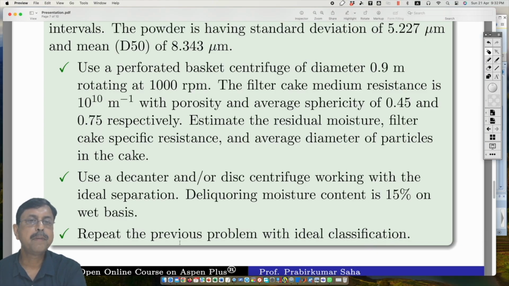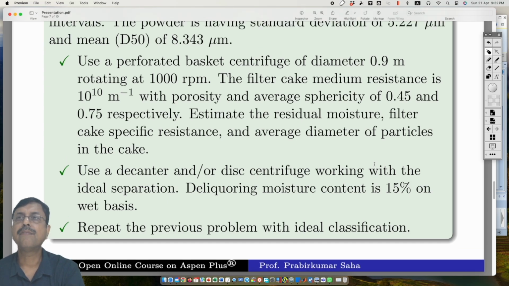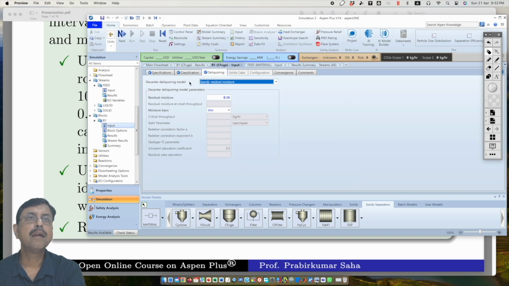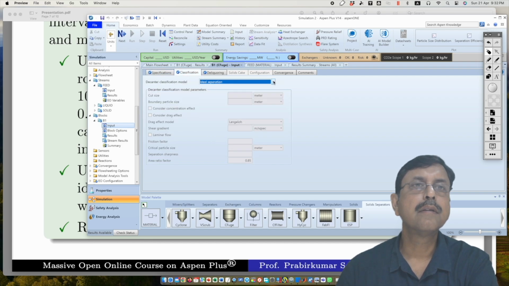And repeat the previous problem with ideal classification. Now for ideal classification, we need a cut size. No cut size has been given. Anyway, let us use ideal classification.